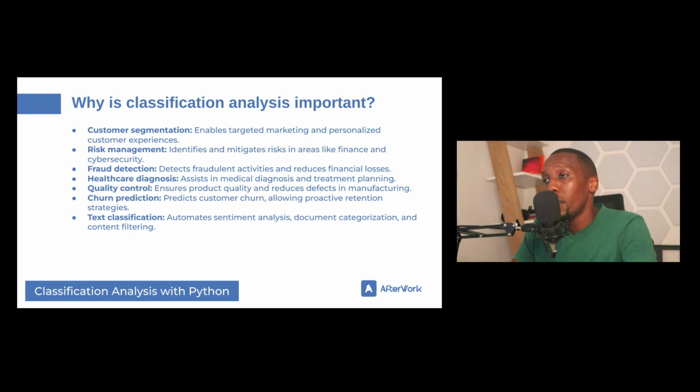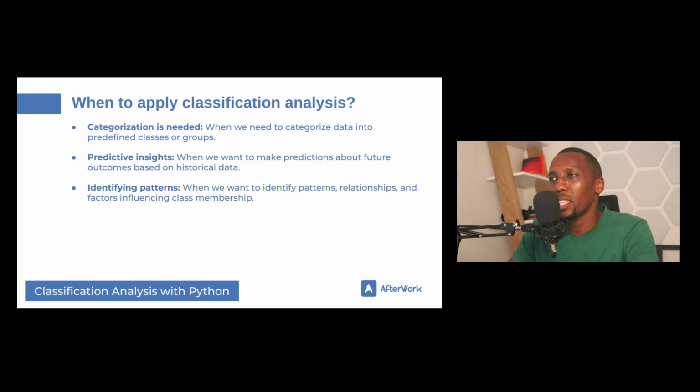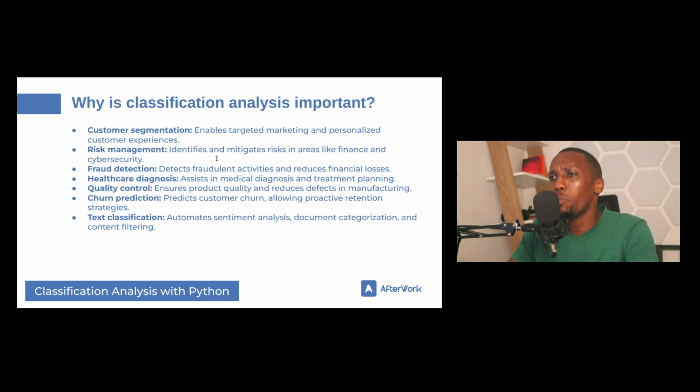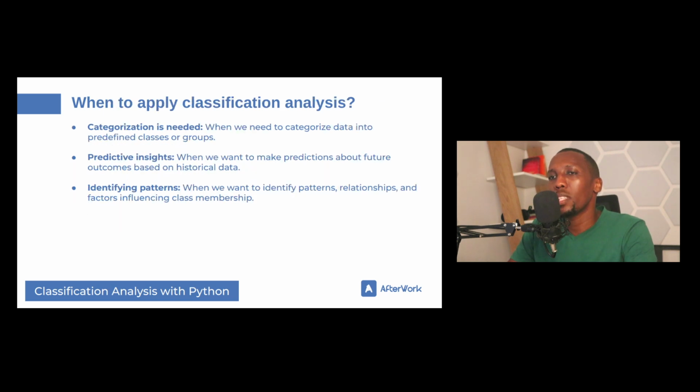Fraud detection, if you want to reduce that in an organization, then you can use data to build classification analysis models or classifiers. So healthcare diagnosis, quality control, churn prediction, text classification. Those are just a few areas where classification would be helpful, and it would help organizations save on costs that they might be having.